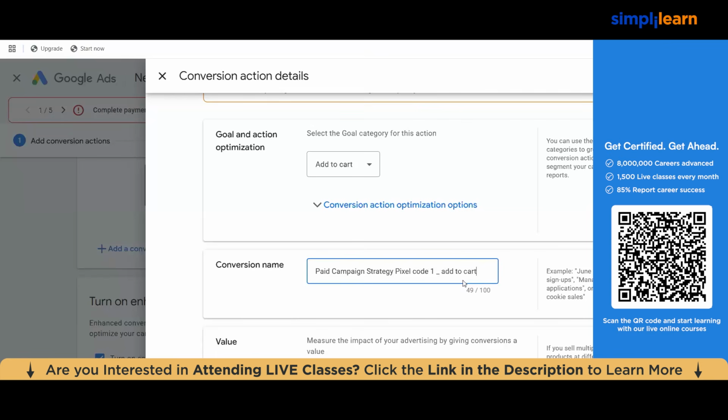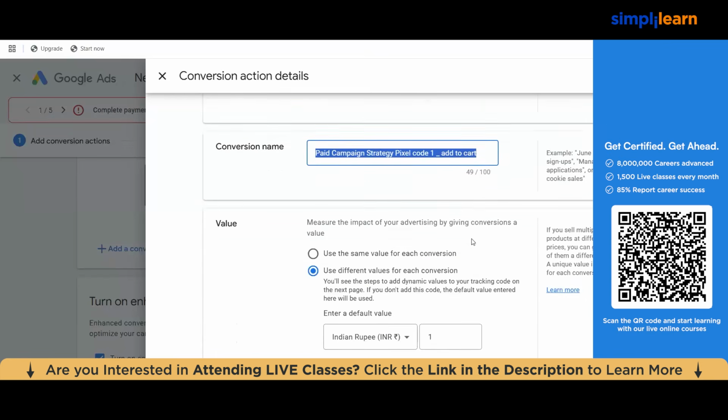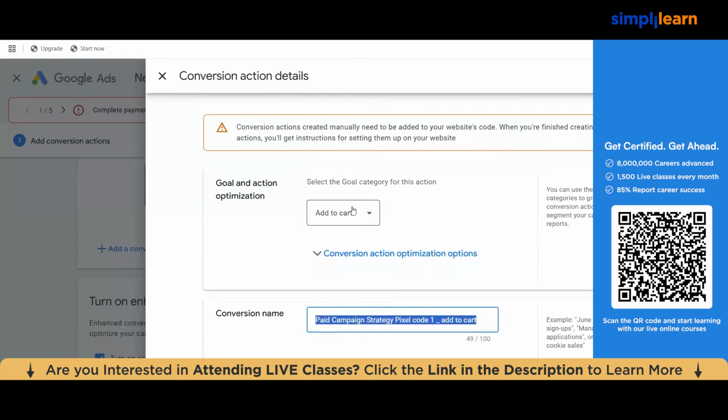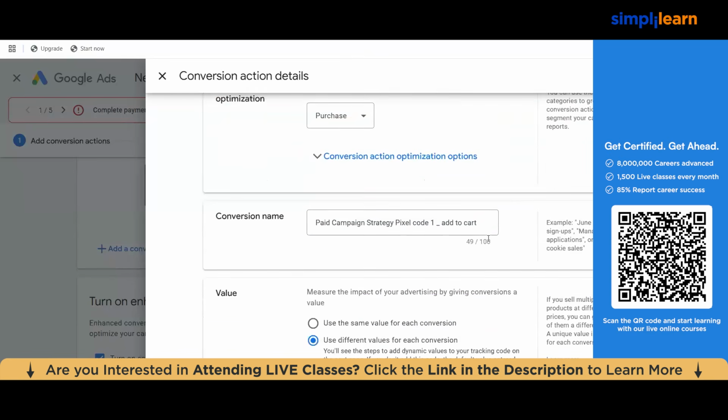I need to name it. This is important to know for which ad or for what I am creating that code. Or maybe change it to purchase. That will be better, because at the end, purchase is a goal. Purchase.